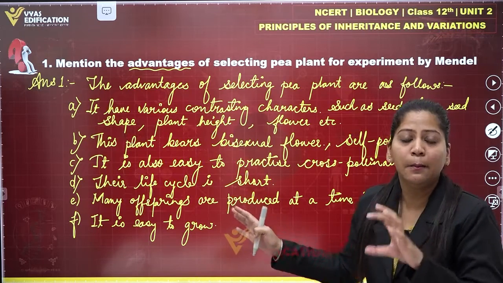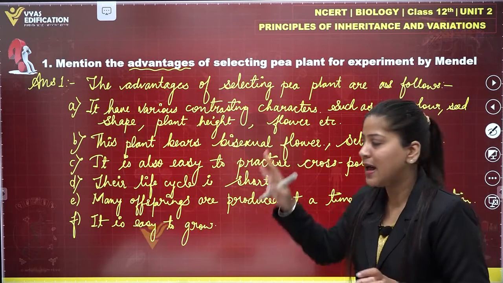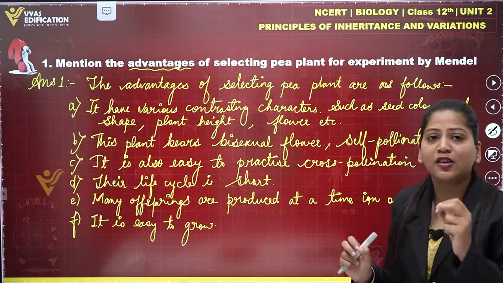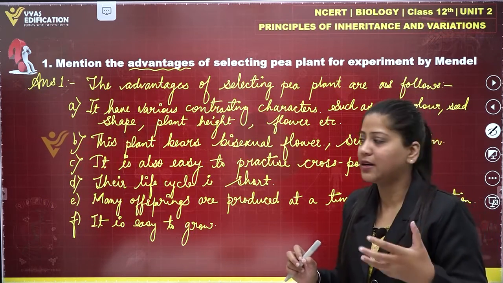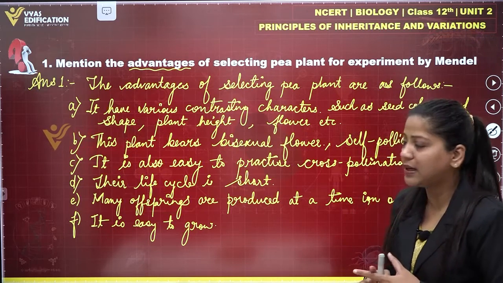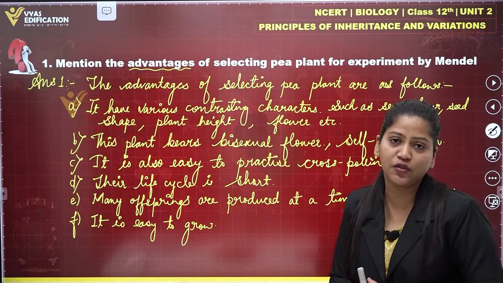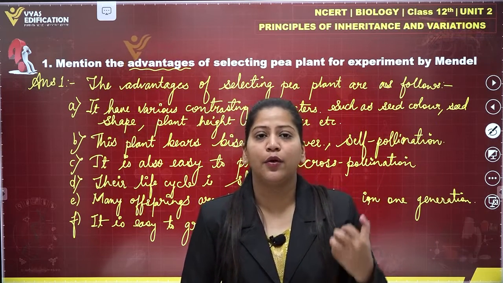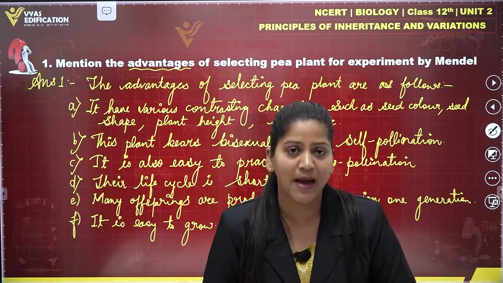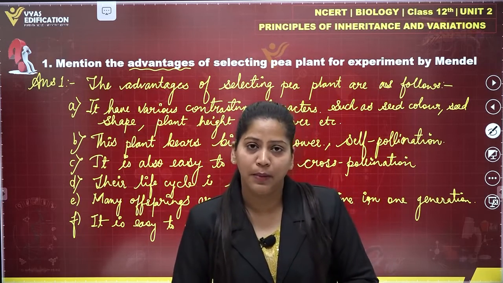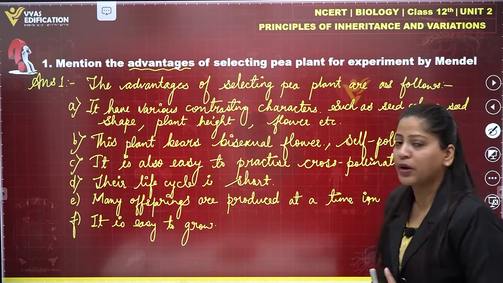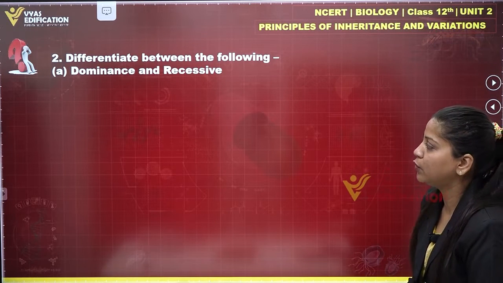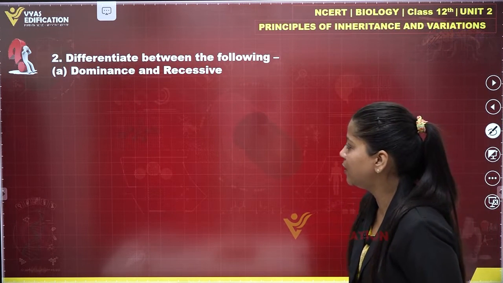If any plant or sample fulfills all these criteria, then the experiment would be comparatively easy. Because of these advantages, Mendel selected Pisum sativum, or pea plant, for his experiment. So this is the complete solution of question number 1. Now moving on to question number 2, where we have to differentiate between these two terms.